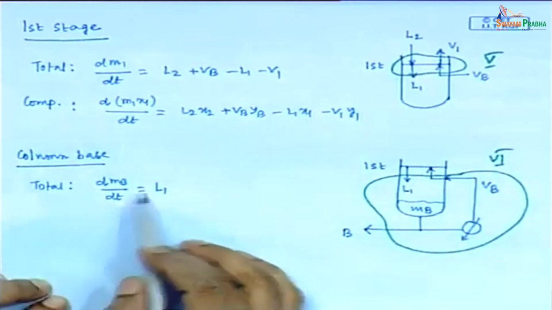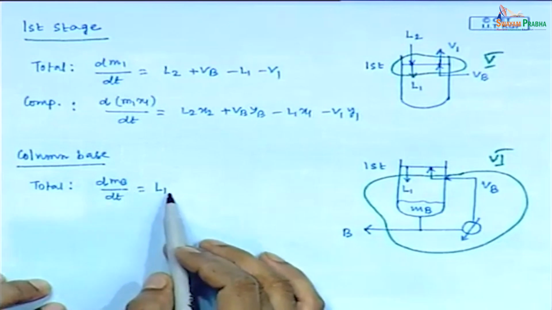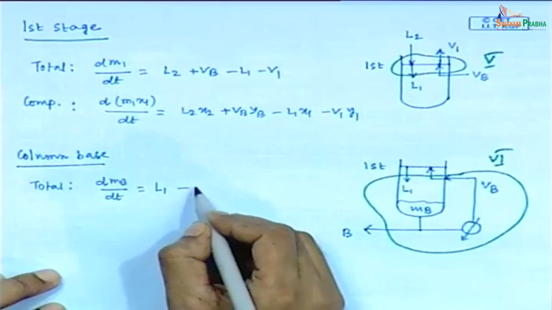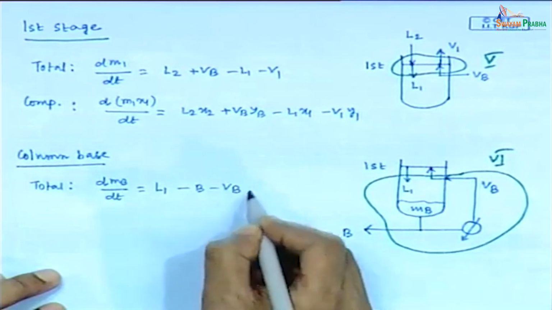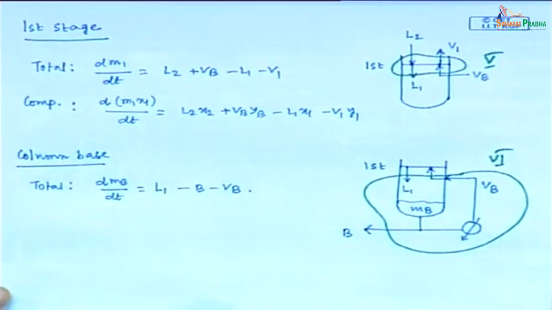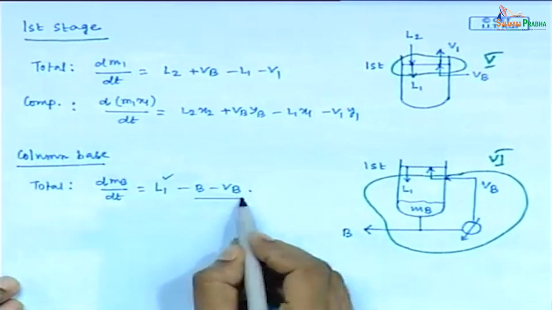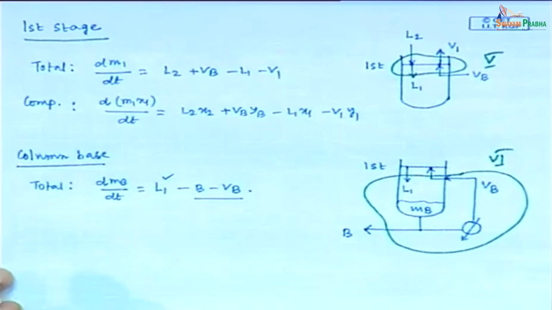So, total mass balance is dMb/dt equals input L1, and there are two output streams, one is B, another one is Vb. L1 is the input stream, B and Vb both are the outgoing streams from this sixth envelope.